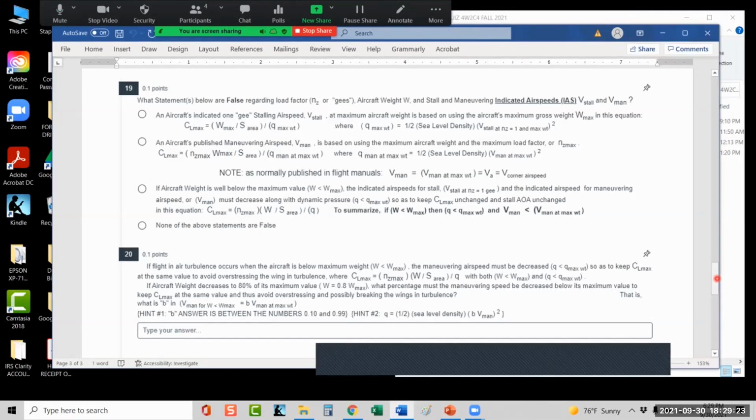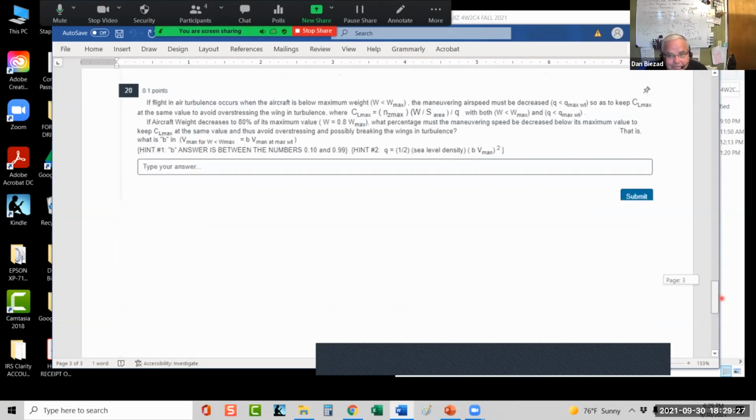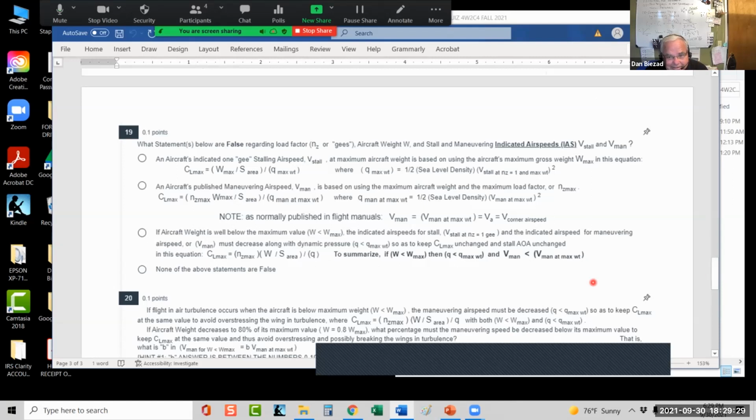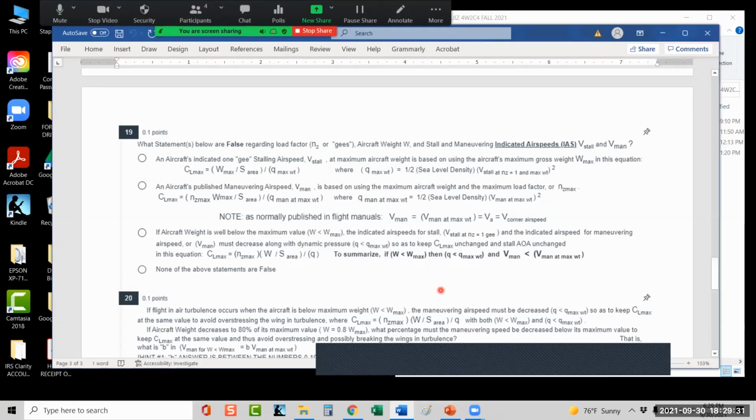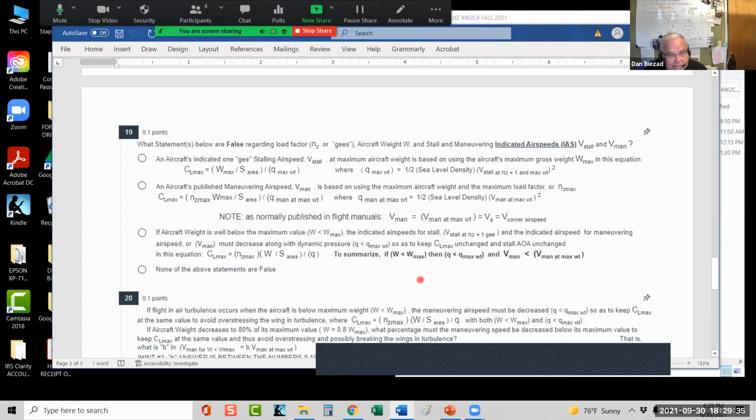Okay. Yeah, I believe it does. If you understand that, you understand more than most pilots. Most pilots are taught, and it's not intuitive, that when you fly in turbulence, your maneuvering speed decreases. You must decrease your speed.